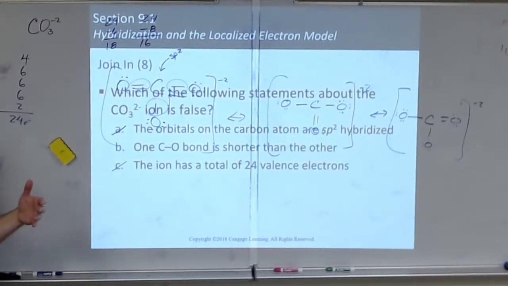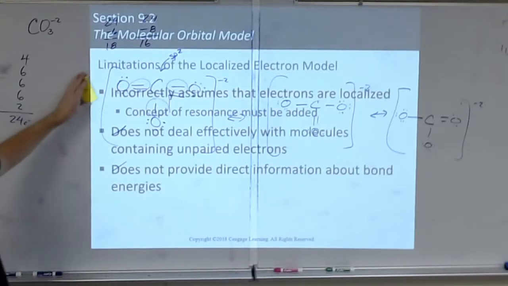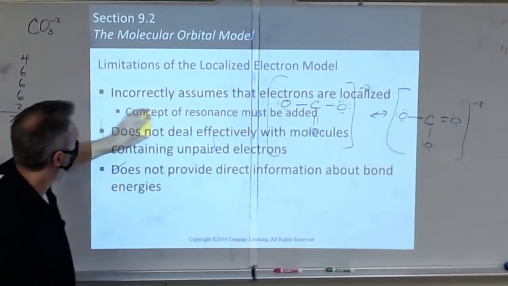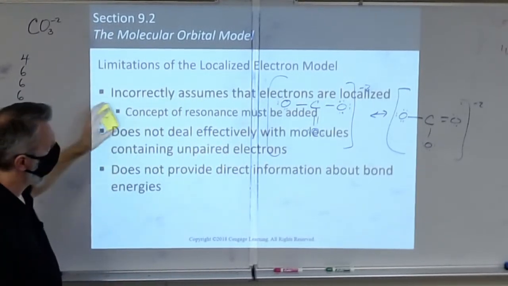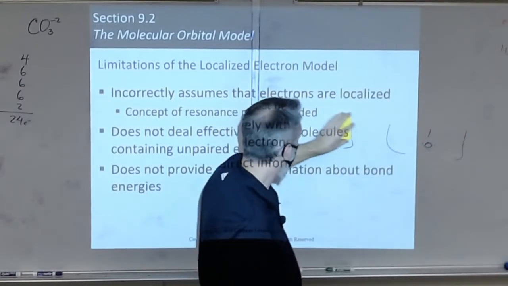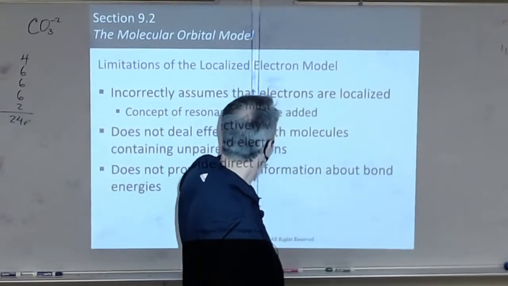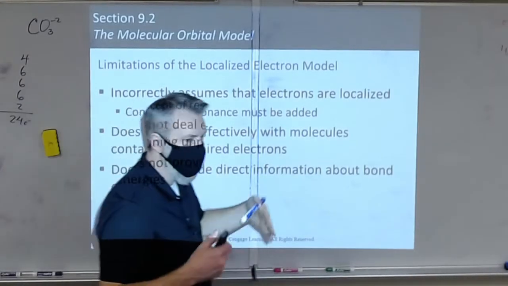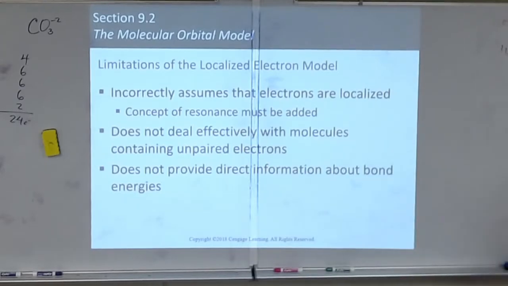Okay? And that leads us into our actual new lesson for the day. We're going to be using the localized electron model. There are some significant limitations. This is the big one. It assumes incorrectly, and I think I've told you all this, that electrons are localized.